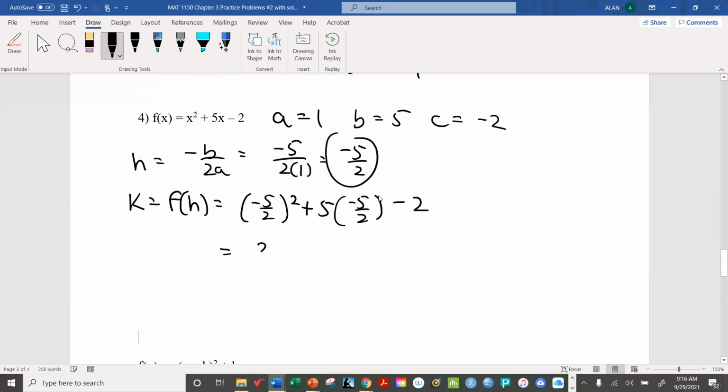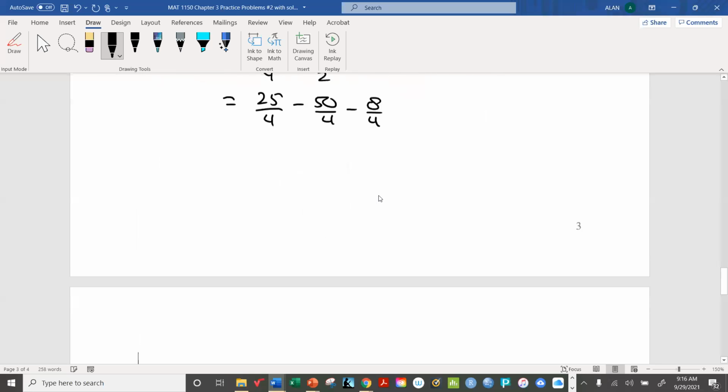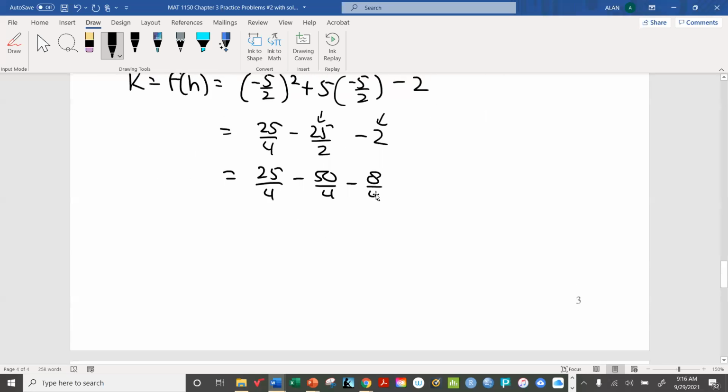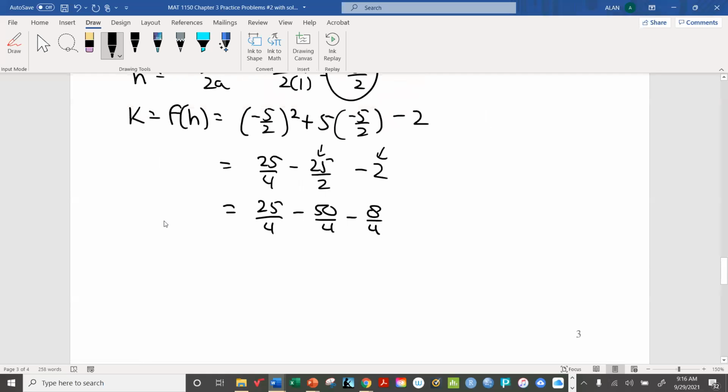So we've got 25 fourths minus 25 halves minus 2. Here we'll need a common denominator. Let's choose 4. So you see what I did? Here I multiplied by 2 over 2, and here I multiplied by 4 over 4 to come up with a common denominator. So we end up with minus 33 fourths as K.